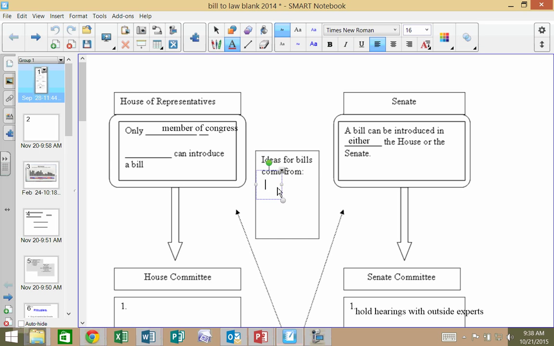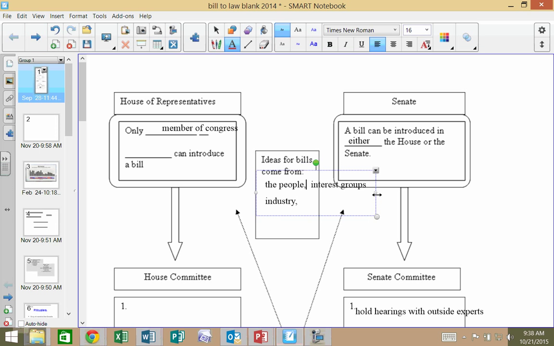Most bills, the ideas for bills come from, well, the people. You know, sometimes special interest groups. Businesses, or let's just go industry. You know, anywhere. But only members of Congress can introduce them.